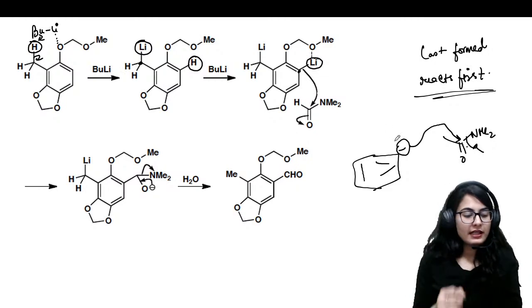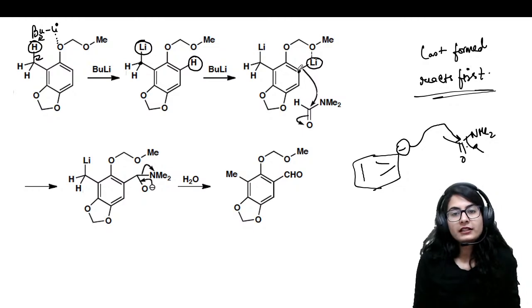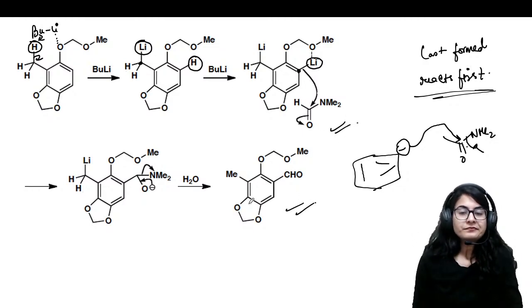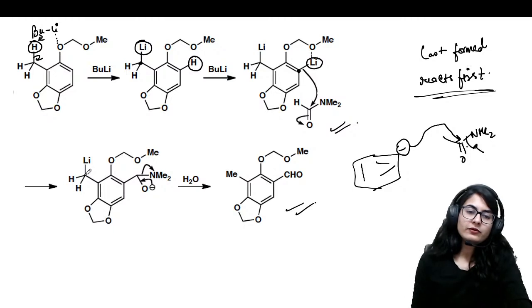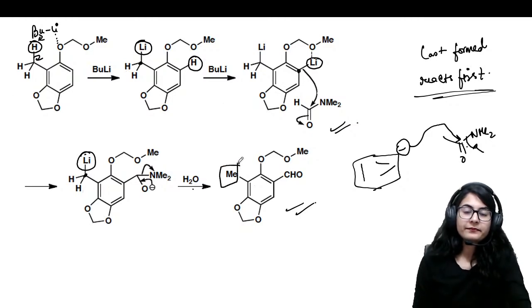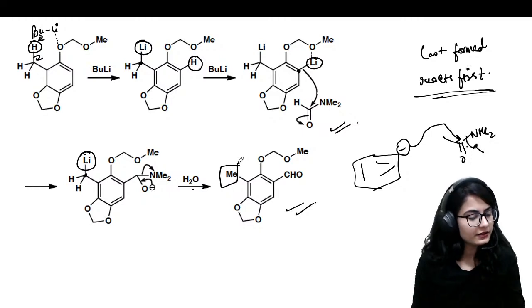Okay. Negative charge is attacking. All right. So yeah, this is what you get through the ortholithiation. After the whole aqueous workup, the lithium will be eliminated with OH, and another proton taken away by water to give you methyl. All right, a very simple reaction.